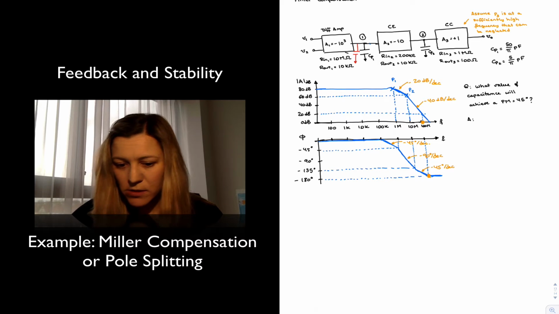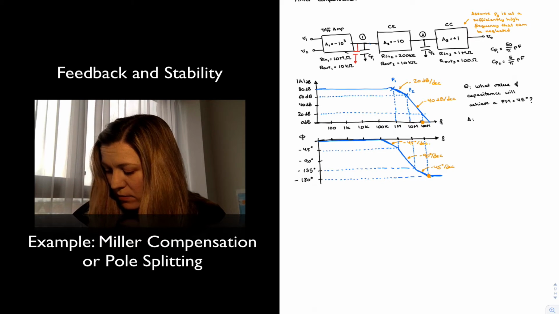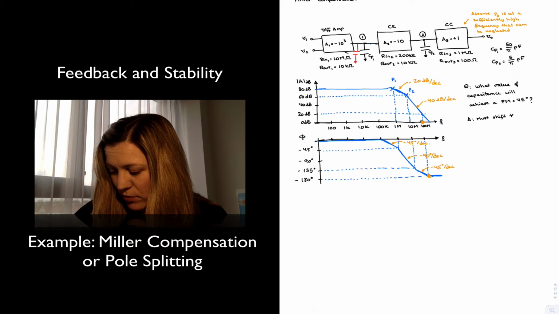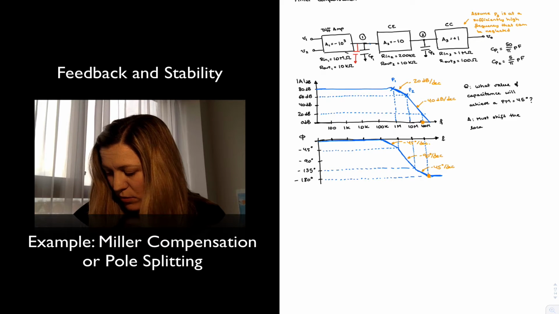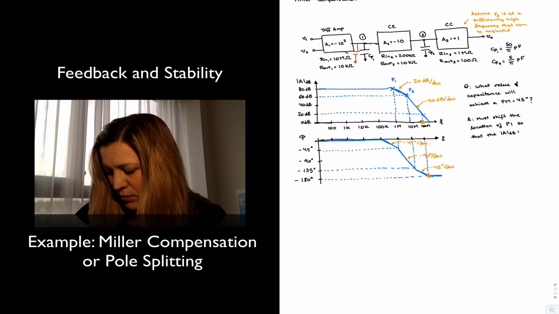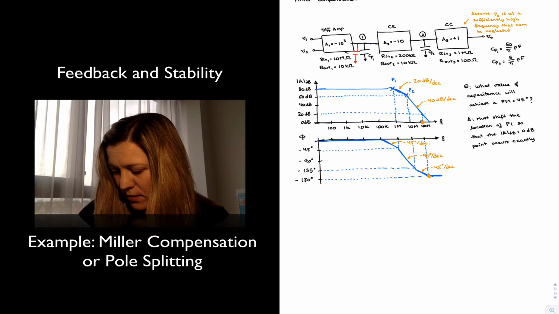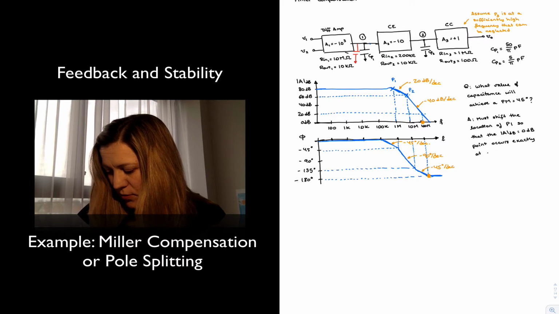And the answer is, to achieve a phase margin of 45 degrees, we must shift the location of P1 so that the A equals 0 dB point occurs exactly at FP2.